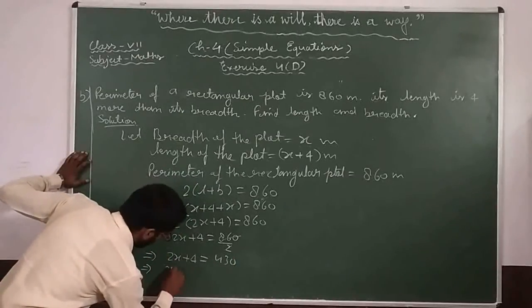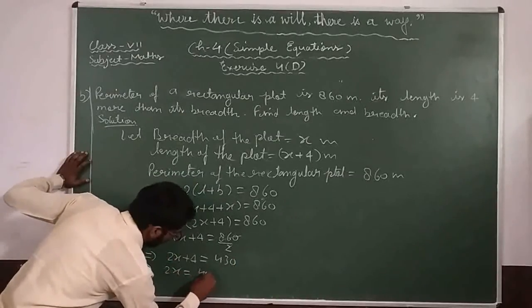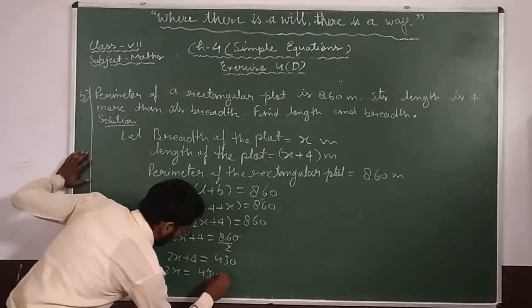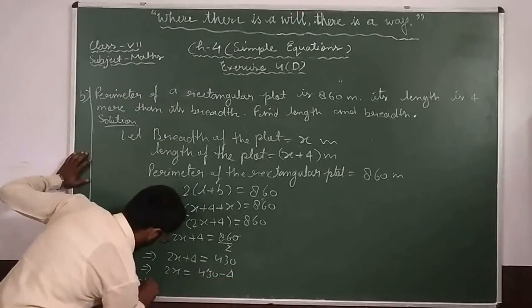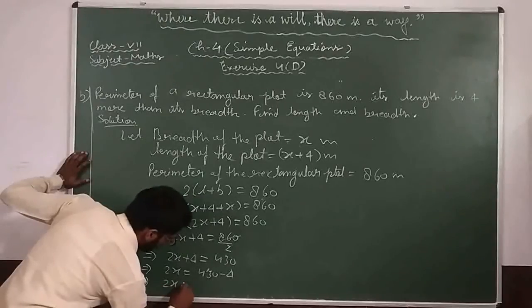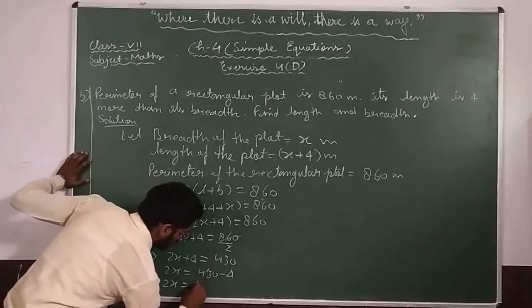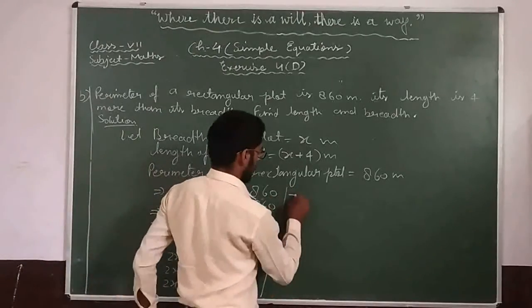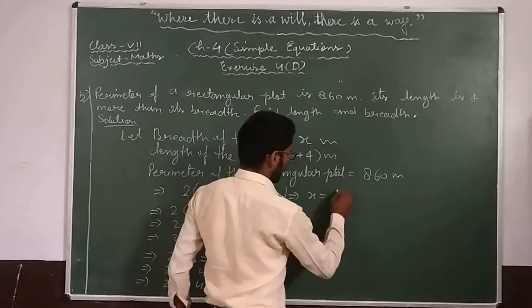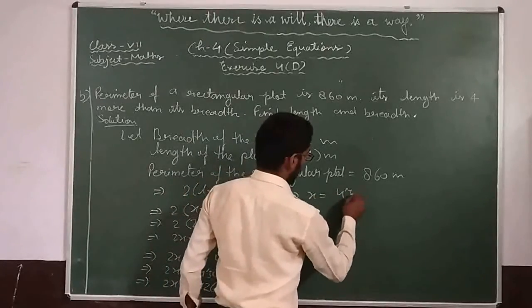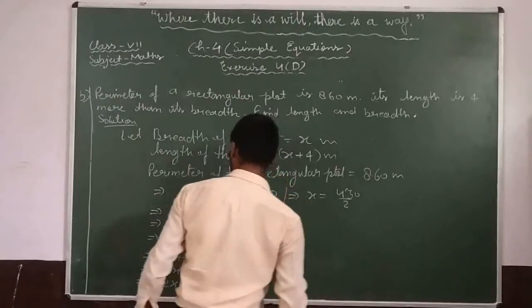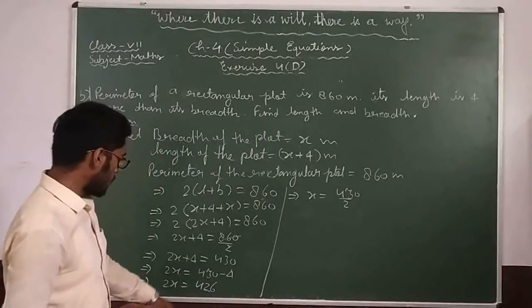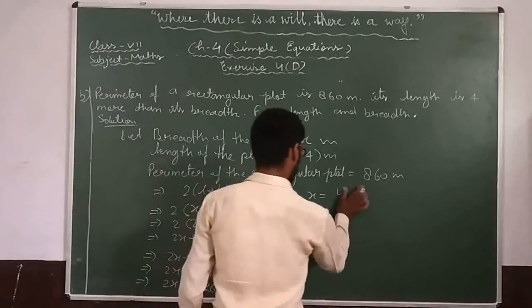Okay. Then 2x is equal to 430 minus 4, which means 426. Now transpose 2, then x is equal to 426 upon 2. Sorry, 426.